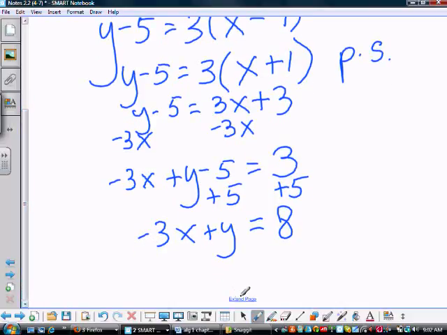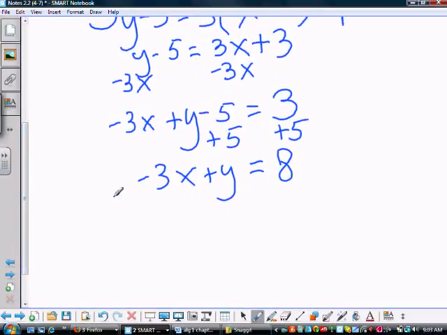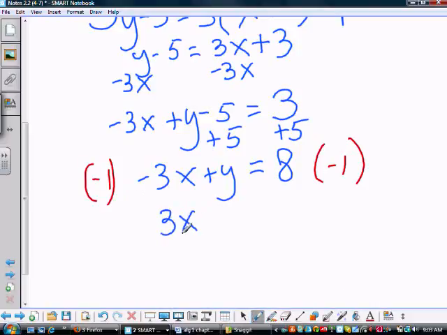So the last thing I'll do to get it into true standard form would be to multiply both sides of this equation by negative 1. What multiplying an equation by negative 1 does is change the sign of everything and get positive 3x minus y equals negative 8.